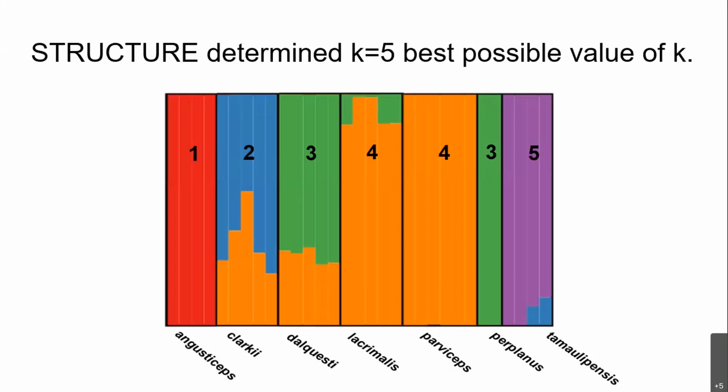So angusticeps and tamaulipensis are in their own group. Castanops is also in its own group. However, dalquesti and perplanus probably form their own OTU, while lacrimalis and parviceps form the 5th.